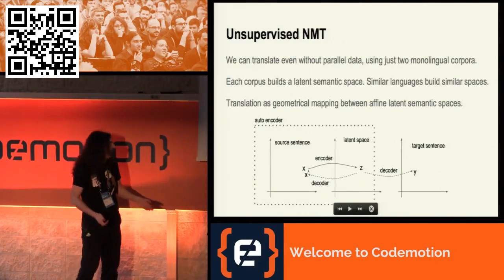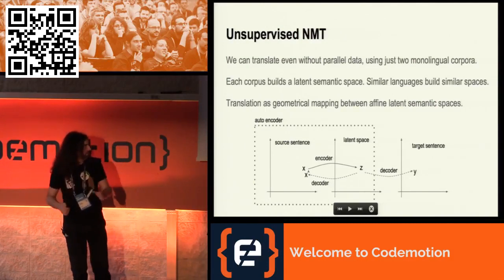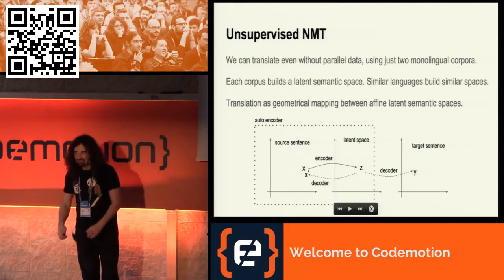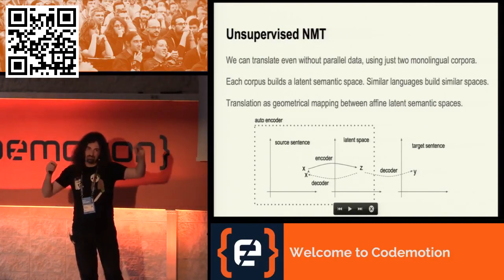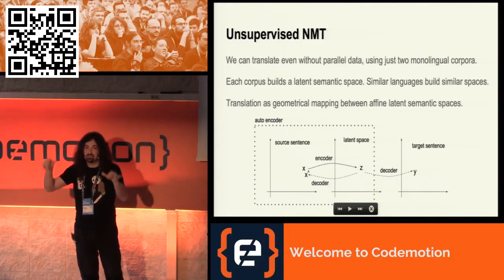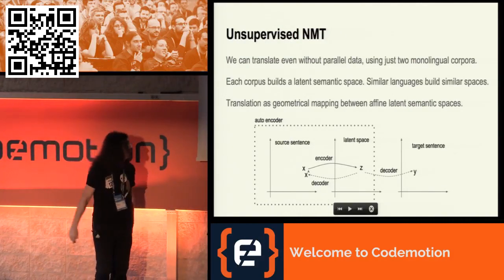So translation now is a geometrical mapping between affine latent semantic spaces. It's an isomorphism between two spaces which share the same characteristics but have different objects.